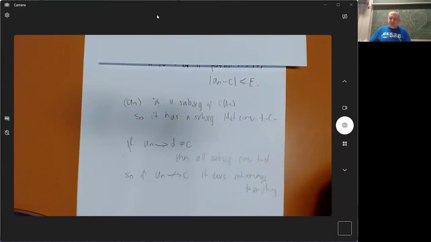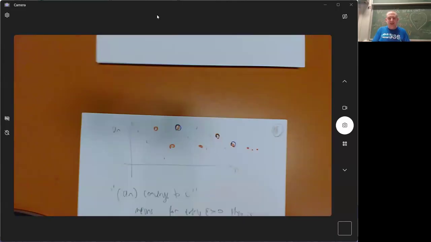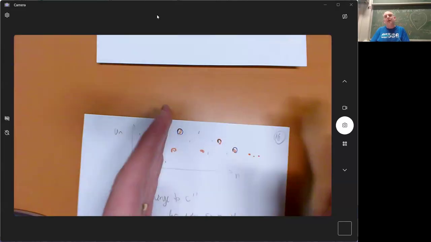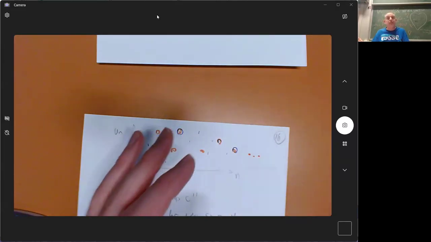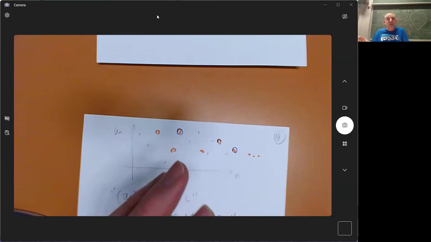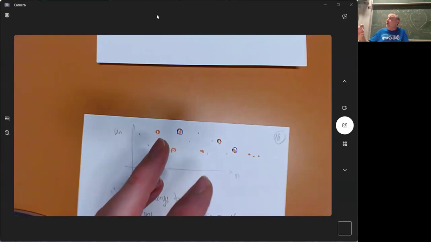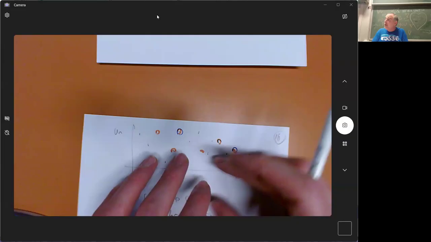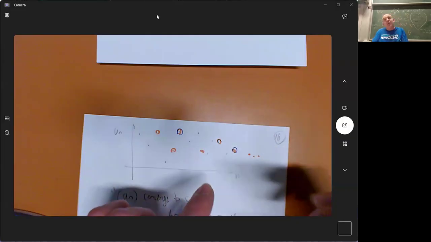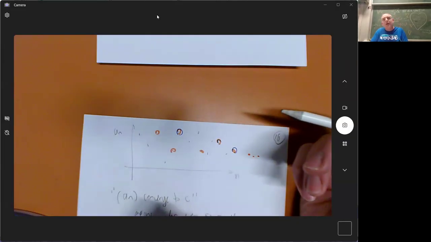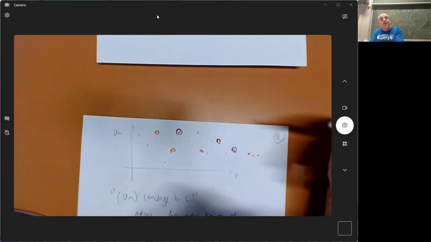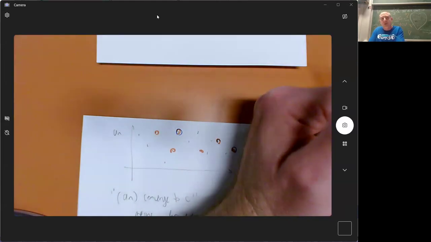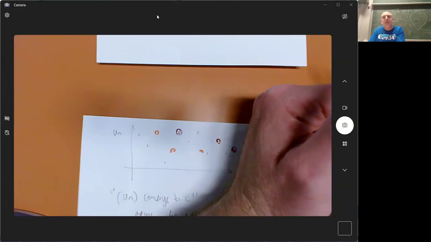Right. So this was my thinking. What if I had every second one, and they converge to C? But in order to prevent a_n from converging to C, all the other ones would have to be far away from C. But every other one is also a subsequence, and so it has a subsequence that does converge to C, and so they can't all be further than epsilon away, right?